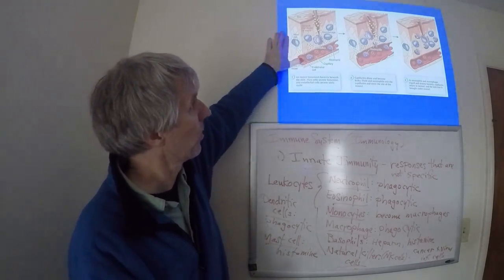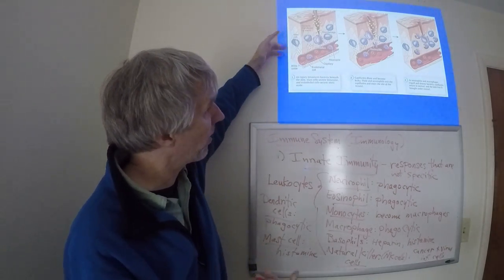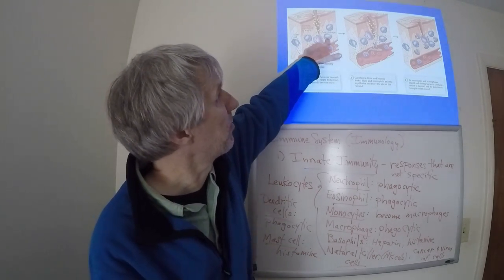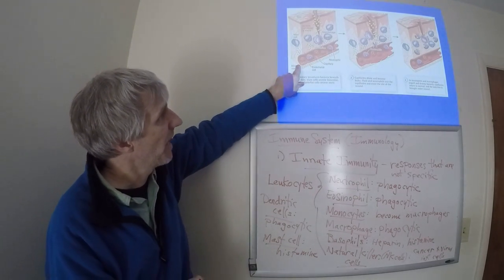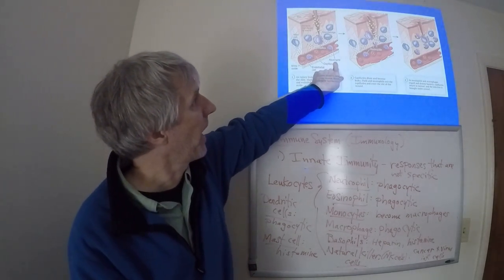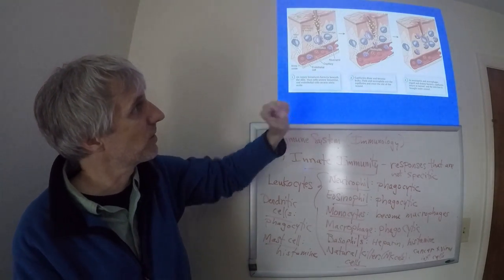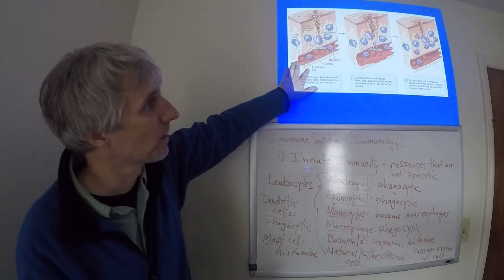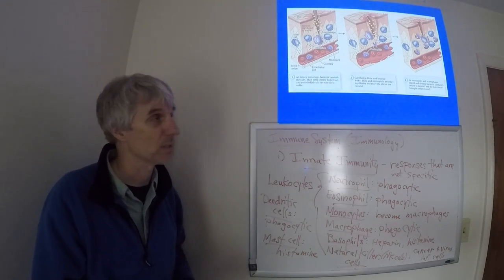Hanging out in this part of the body are some mast cells, some macrophages, and then in the circulatory system running through, we have some neutrophils moving through.